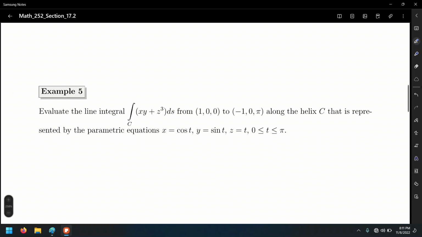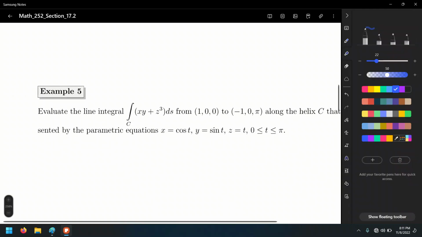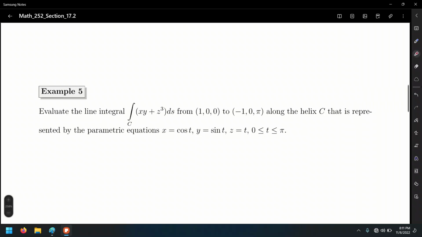Just to verify this, because what makes this type of integral a little weird sometimes is that we have a lot of information. We have an integral, we have a set of parametric equations, we have an interval, and we also have points. So if you plug in 0 to these three parametric equations, that's cosine 0, which is 1, sine 0, which is 0, and plug in 0, that's 0.